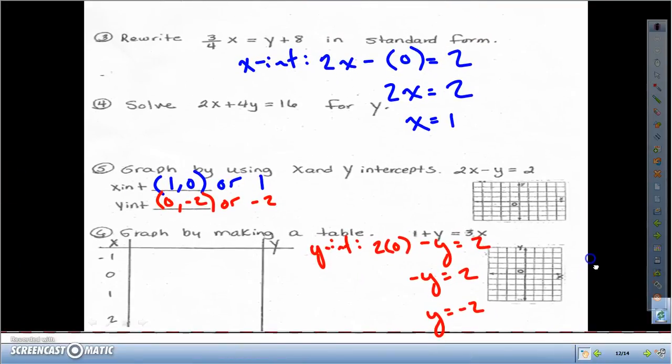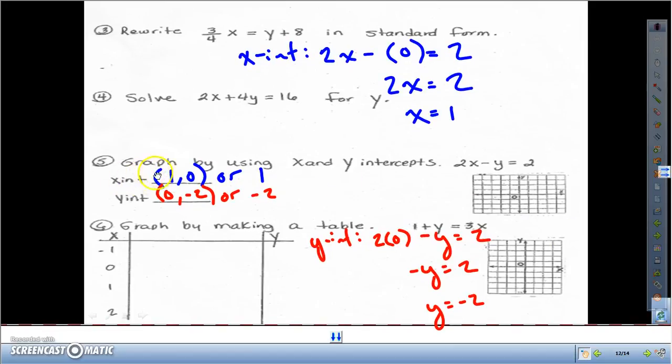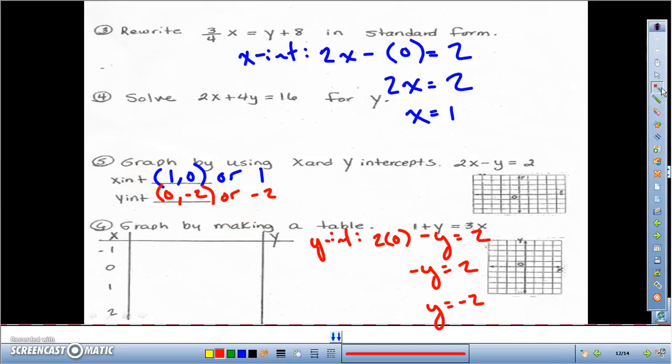And now all of this was done so I could graph this thing. So it's kind of a lot of work before we actually do what's asked to be done here. So I take my red pen here to graph the y-intercept at 0, negative 2. It gives me a point right there.